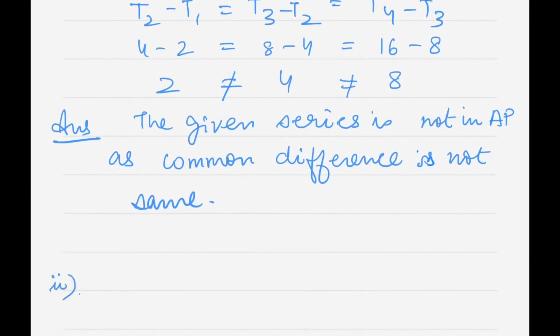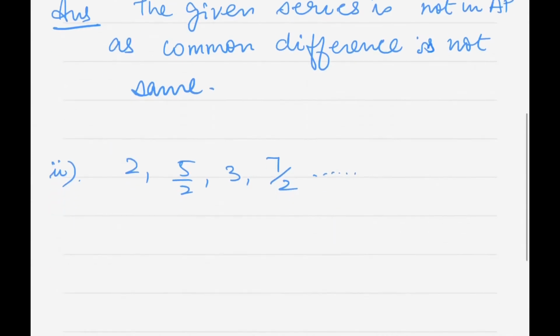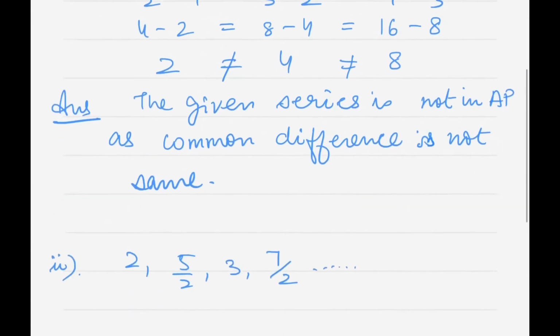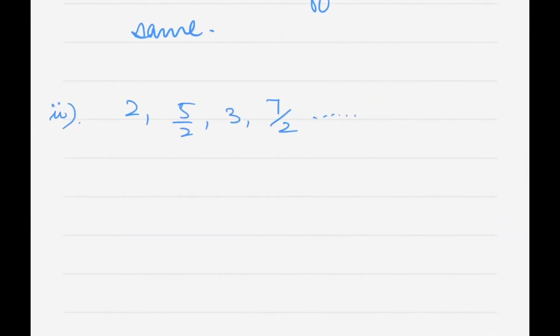Now second part. Second part says the AP is 2, 5 by 2, 3 and 7 by 2 and so on. Let's see. Now my a is equal to 2. If I take T2 minus T1, this will be equal to 5 by 2 minus 2.